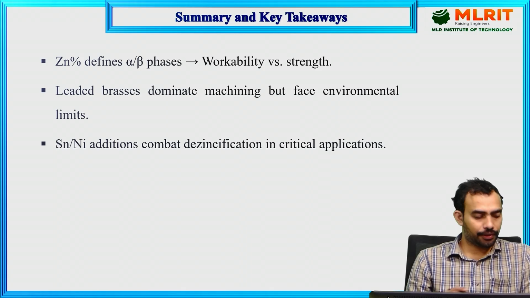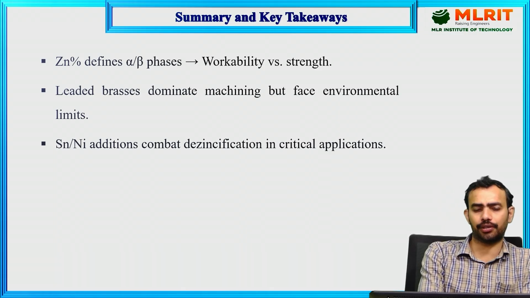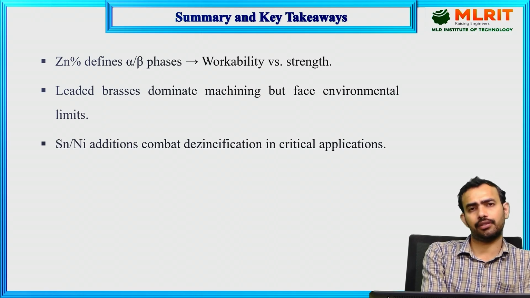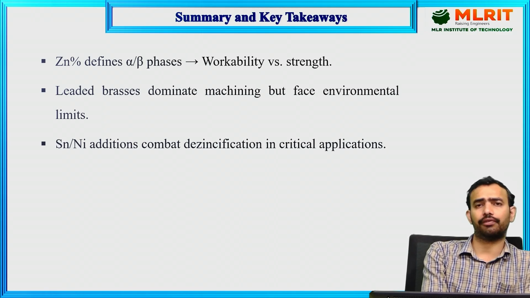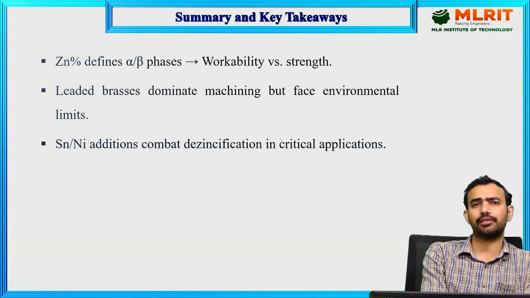So key takeaways. The percentage of zinc defines properties for your material, where it brings out different phases in the material. It can bring the alpha phase and it can bring dual phases, alpha and beta phases also possible. Because of these alpha and alpha-beta phases, its properties are different.